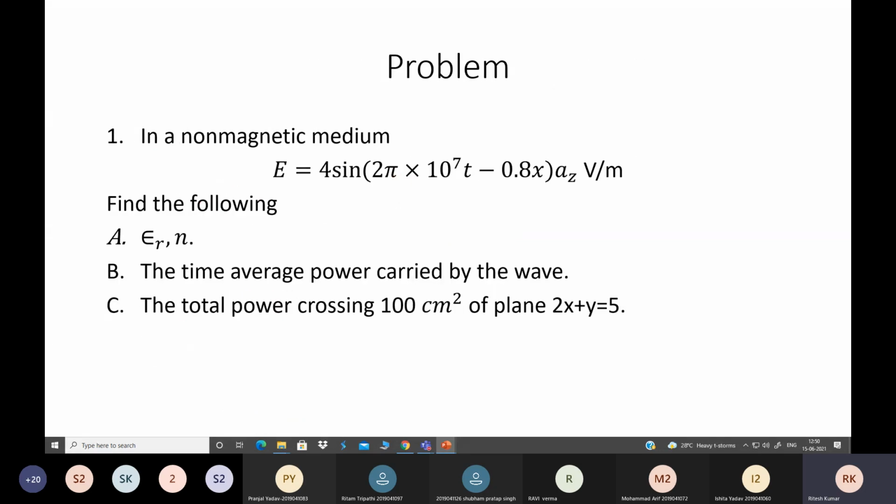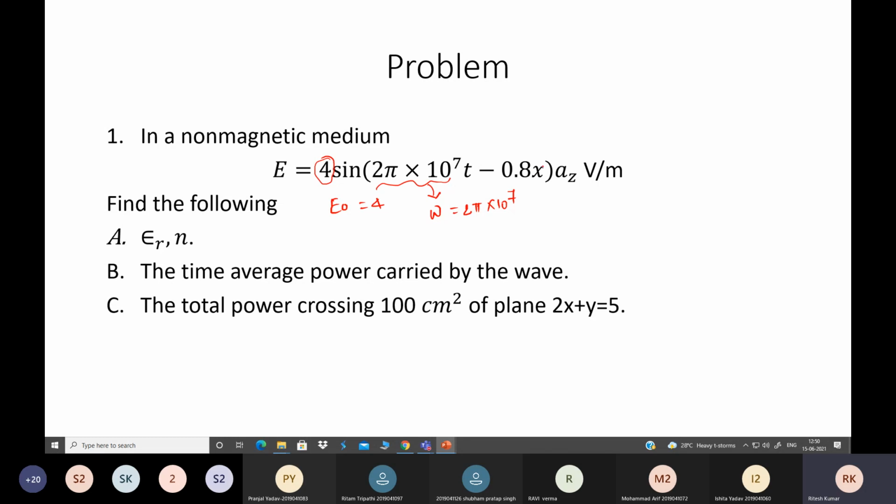Look at this problem. In a non-magnetic medium, we have E equal to 4 sin(2 pi times 10 to the power 7 t minus 0.8 x) az. So E naught is equal to 4. The coefficient of t represents omega, that is 2 pi times 10 to the power 7.